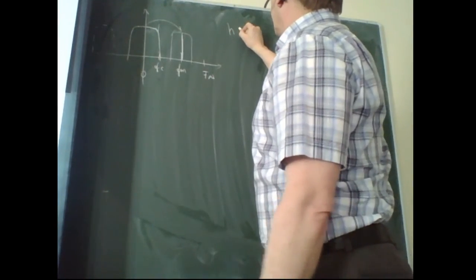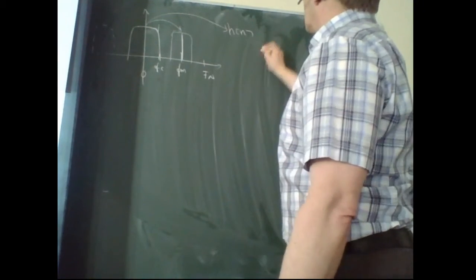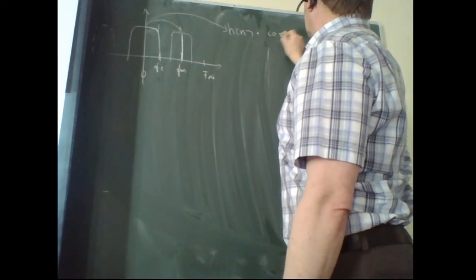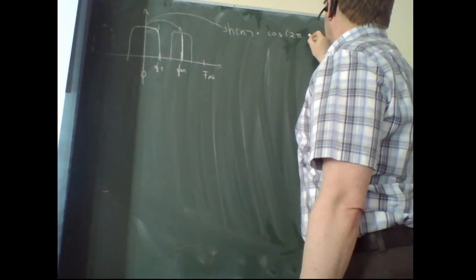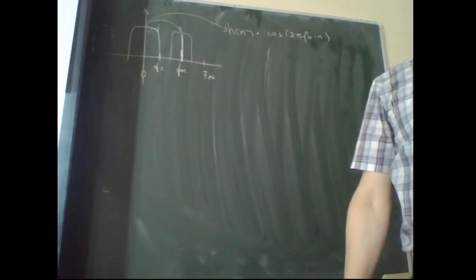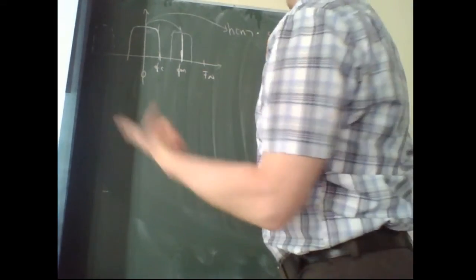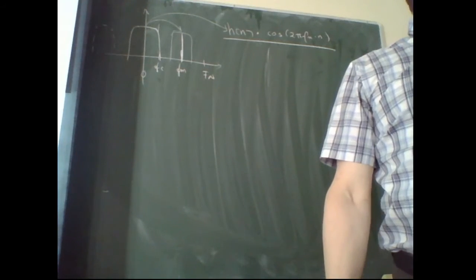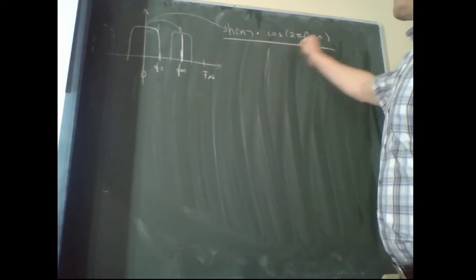A single frequency component is simple. Well, this is still the h of n here, but if you multiply it with cosine 2 pi fm times n, this part is just this single peak on the spectrum. So this one now is a band pass filter with a center frequency of fm.